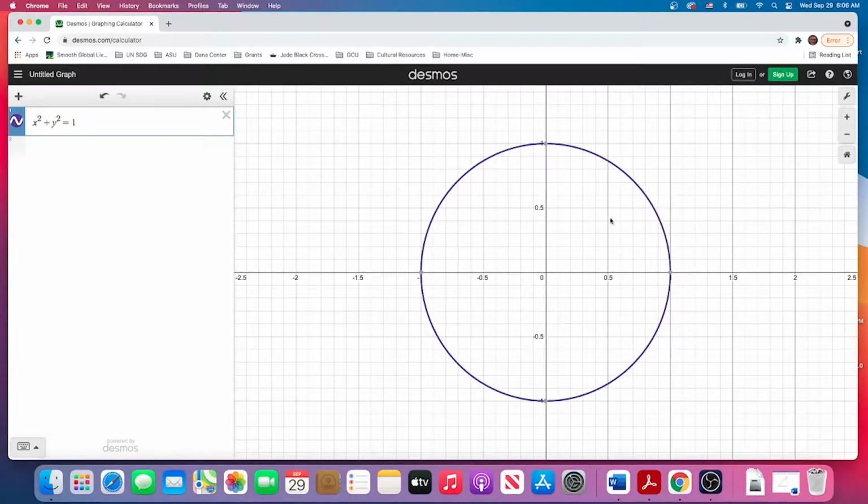Now we're going to actually build the angles in here, but this is what we start with: x squared plus y squared equals 1, where x is cosine theta and y is sine theta, the sine of the angle that comes from here.